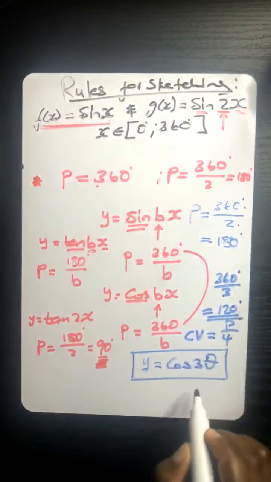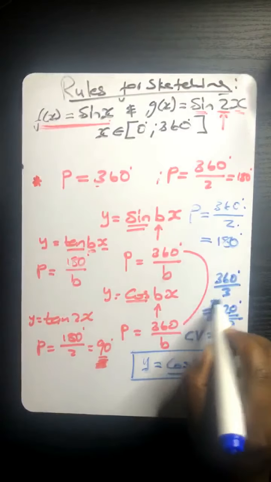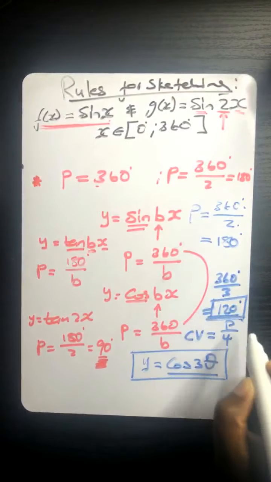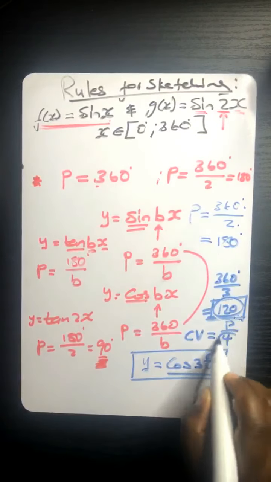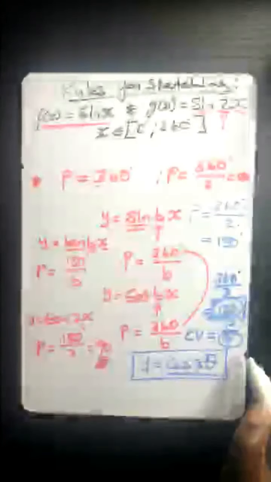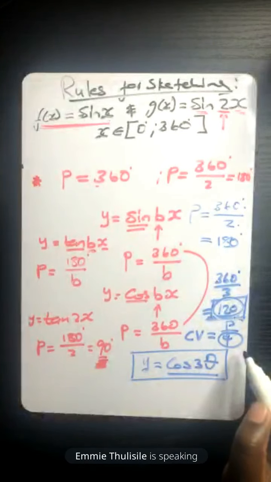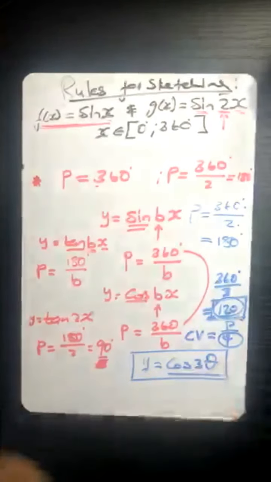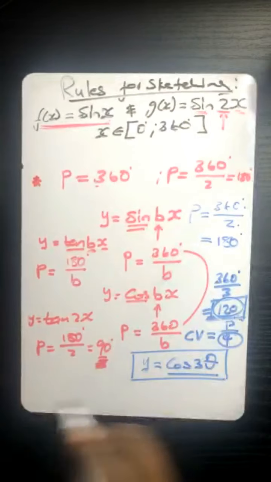So if you know that the period for this function is 120 degrees, you say 120 and then you divide it by 4. What are you getting there? 30. Yes, 120 divided by 4 is 30.